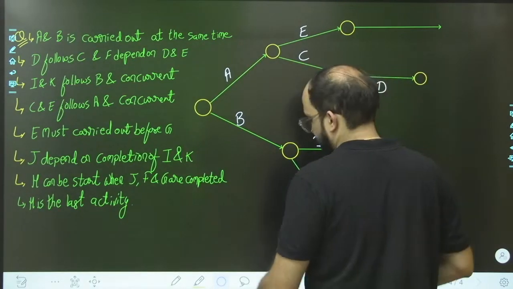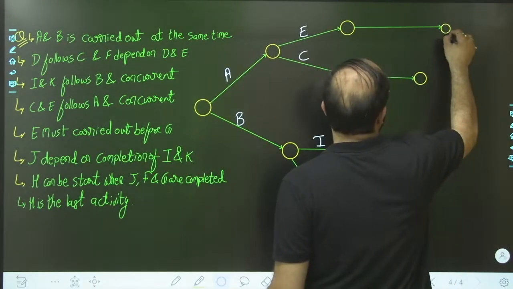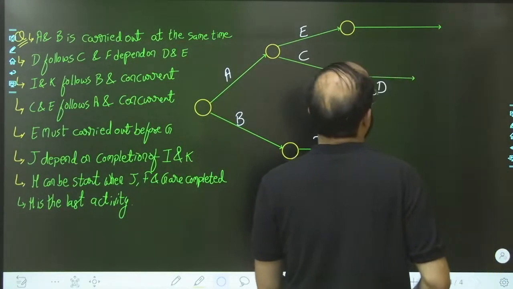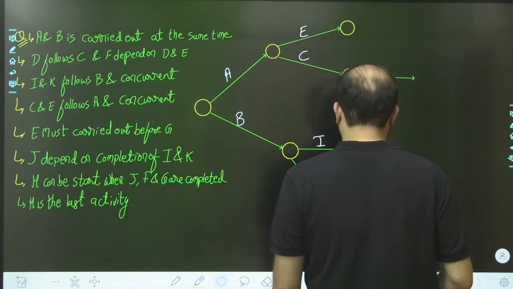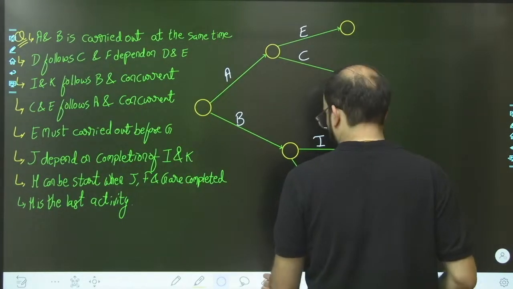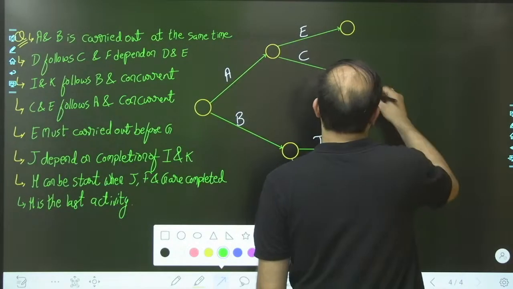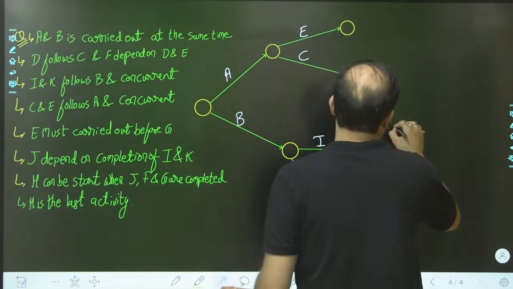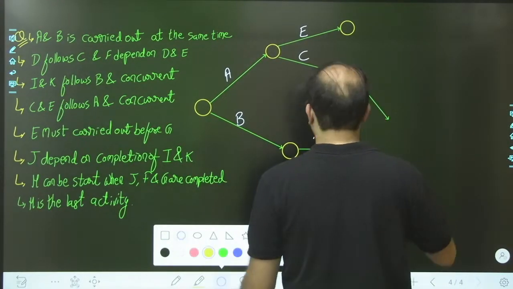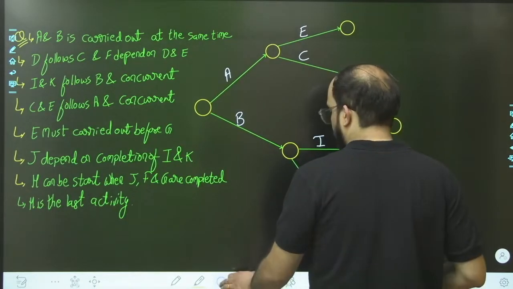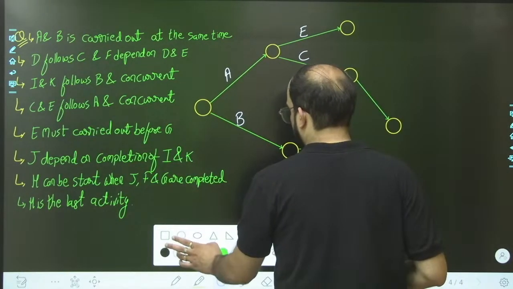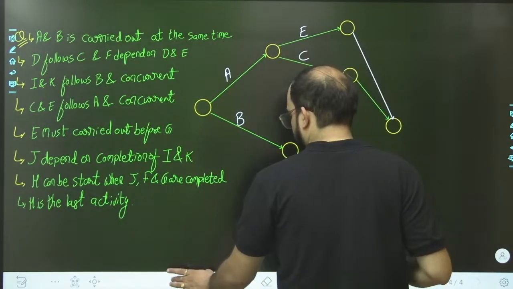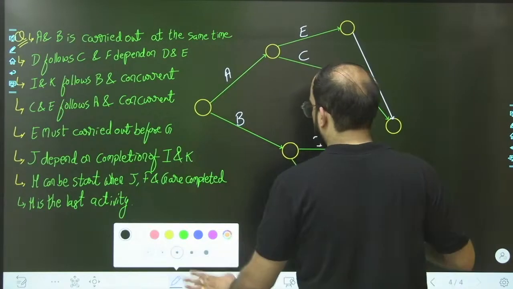Or else what we can do is like this: D will be here. Now one dummy activity is there. So this is dummy. Why are we applying dummy here?